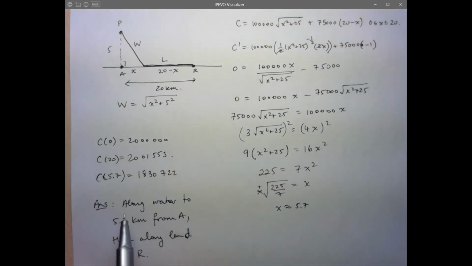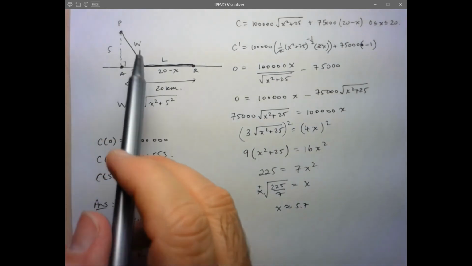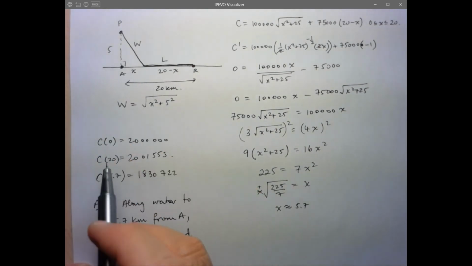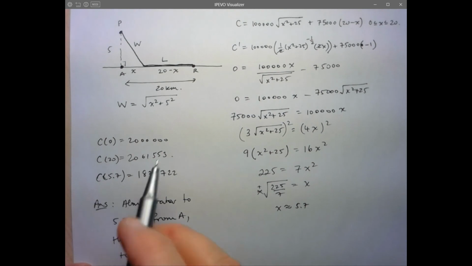Had they asked me to describe how long the pipeline was going to be, I would have given W and L. And if they were asking me for the actual minimum cost, I would have given this cost here.